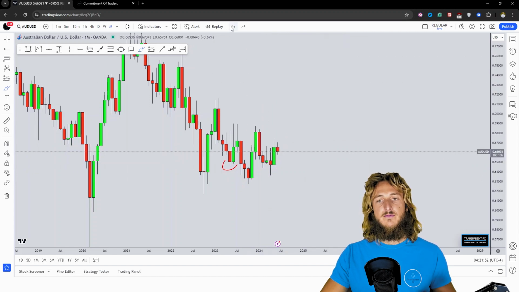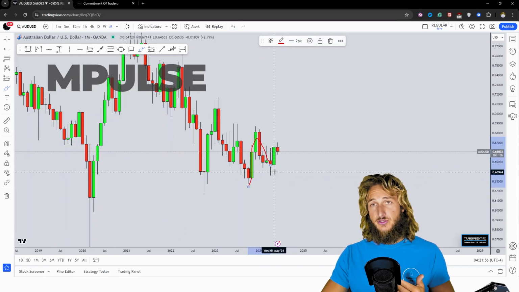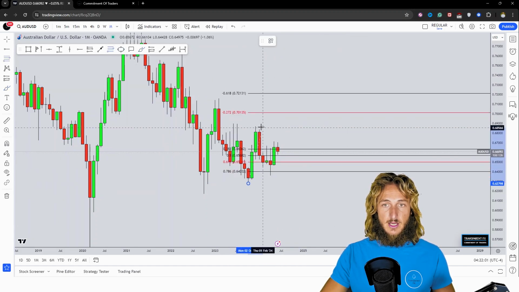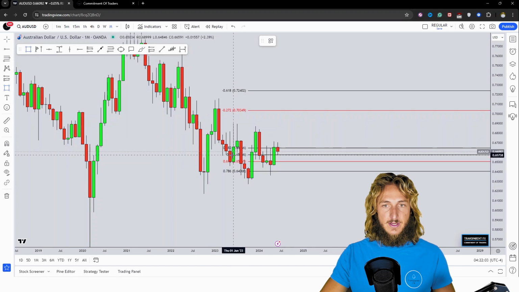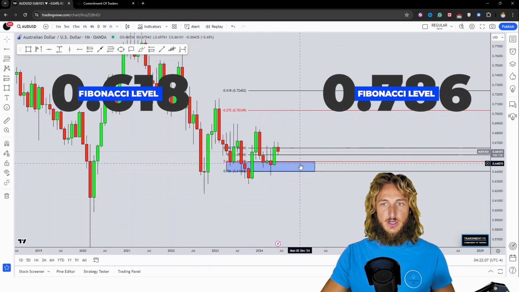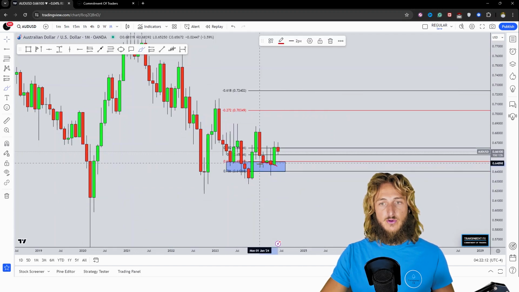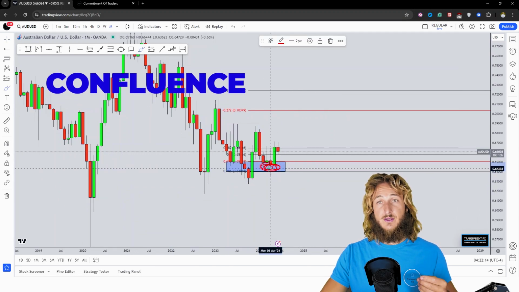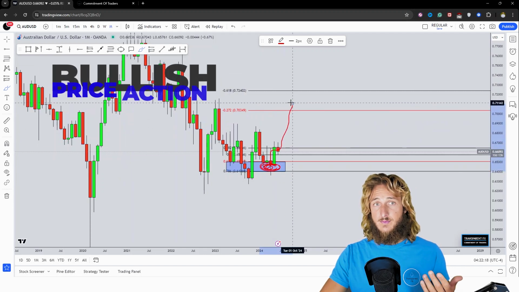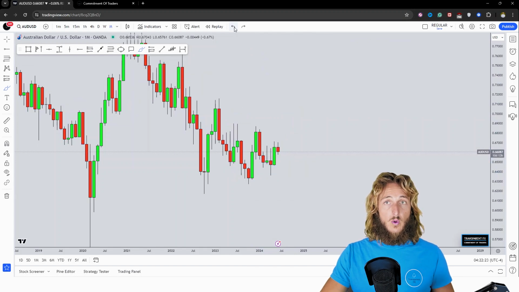We can also notice that from a pattern standpoint, as we have an impulse and a correction, if we want to measure the correction after the impulse, we have to take our Fibonacci from the low to the high of the impulse leg, and this will show us that we have the 0.618 and 0.786 Fibonacci retracements lining up exactly in this area, therefore creating a confluence of support inside of this zone that we could in fact expect this market to want to reject to the upside. So the monthly time frame as well definitely seems quite bullish.